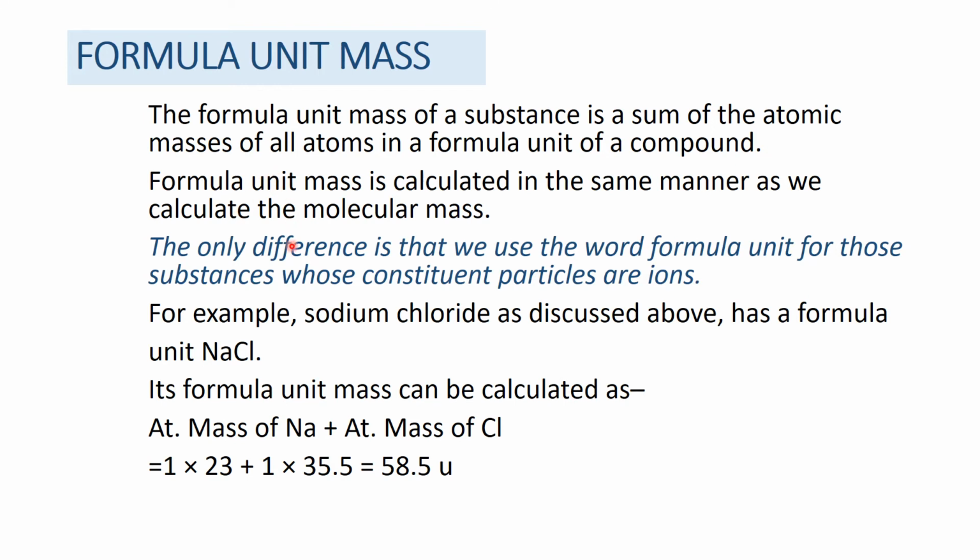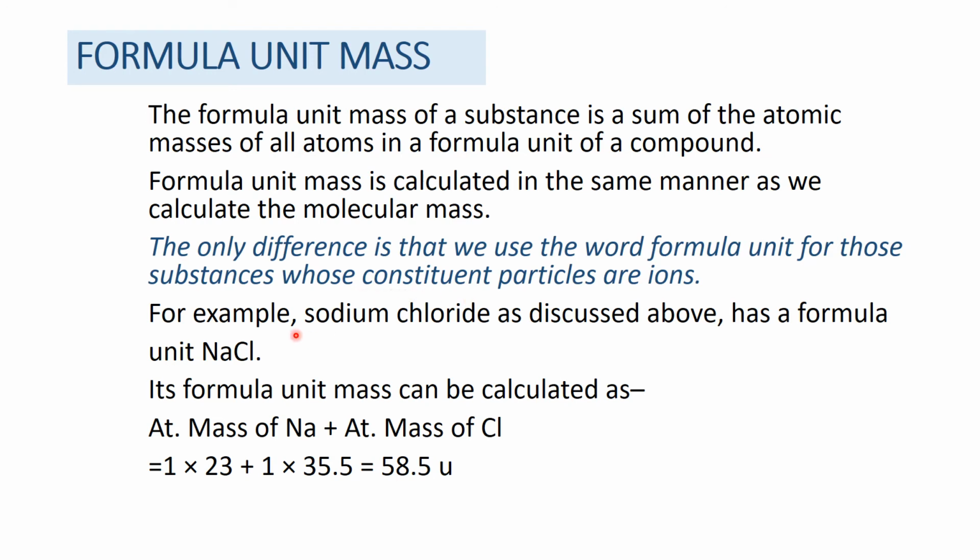The only difference between these two is that formula unit mass is for those substances whose constituent particles are ions. So we use the word formula unit mass for those substances only whose constituent particles are ions.